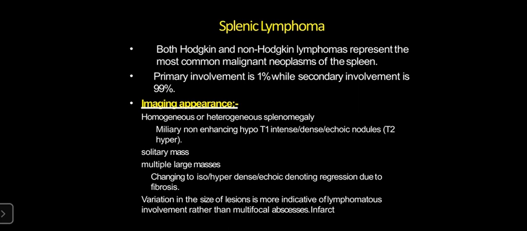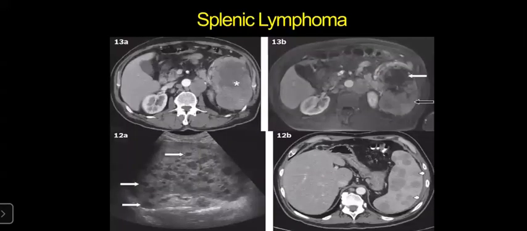Changing to iso or hyperdense or echoic denotes regression due to fibrosis, and any variation in the size of the lesion indicates lymphoma more than abscess or infarction. Like we see here, lymphoma can take the form of single masses, multiple masses, or sometimes only splenomegaly.